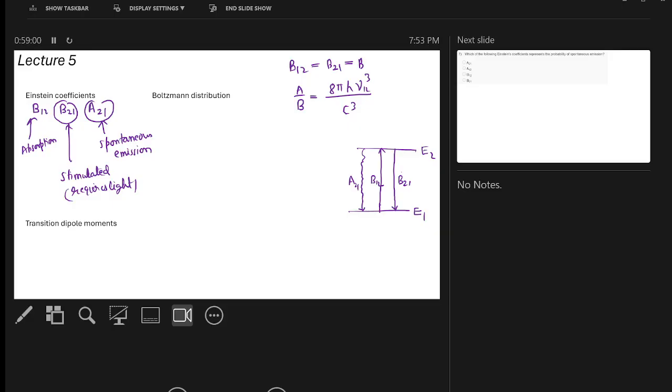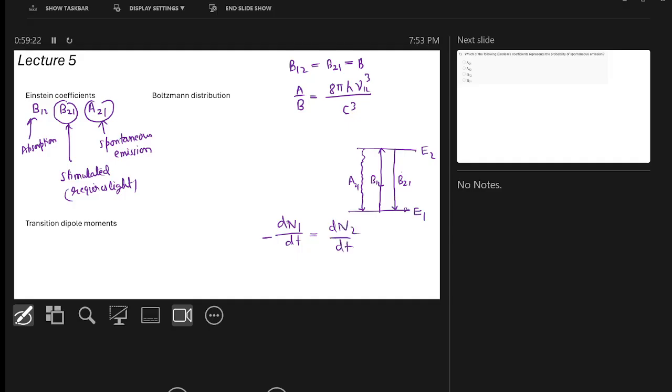Now you can find the net rate, the overall rate equation, or overall rate of change in the particle numbers. So those things you can calculate here, like dN1 by dt. N1, that is, particles will go from here to here. So the number of particles is decreasing here, so you write minus.